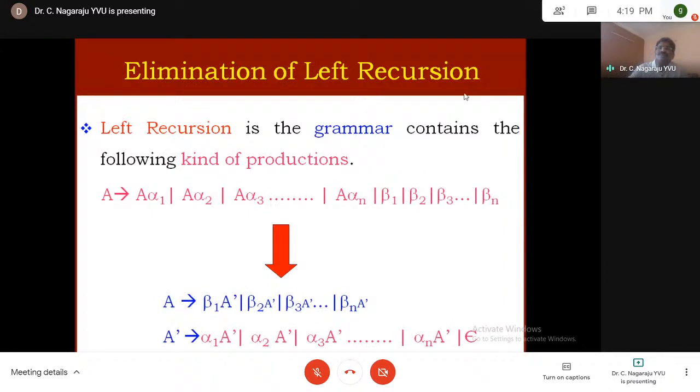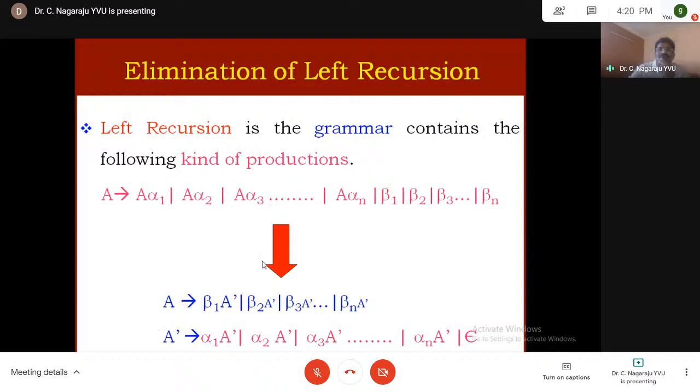Now see the example of left recursion. A left recursive grammar contains the following kinds of productions. For example, A can have the form A alpha 1 or A alpha 2 or A alpha 3, up to A alpha n, or beta 1, beta 2, beta 3, up to beta n. When the form is like this, there is a chance of falling into left recursion, because capital A is there but there is no production for this A. So the entire thing can be written like this.